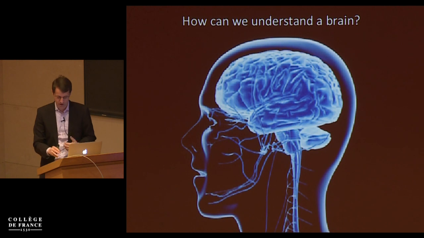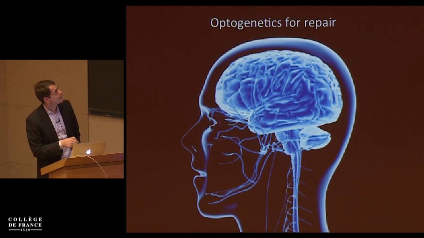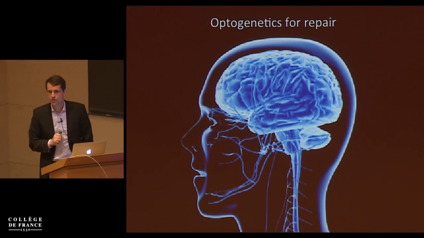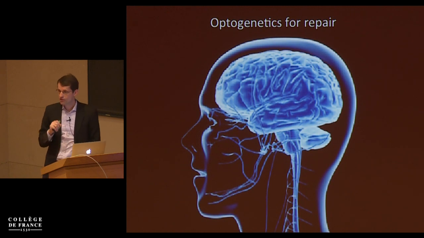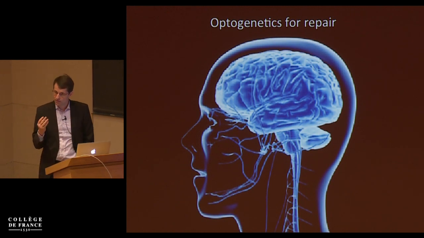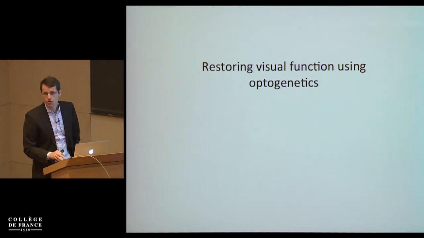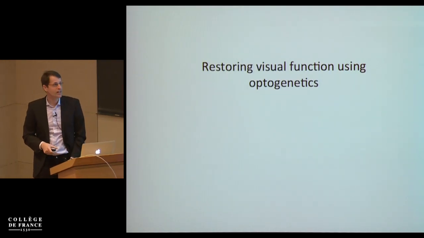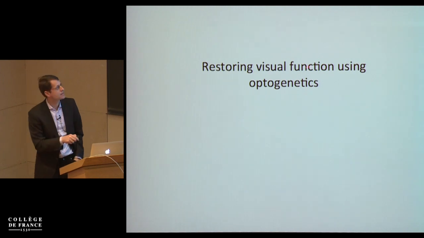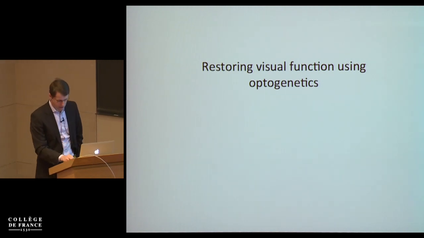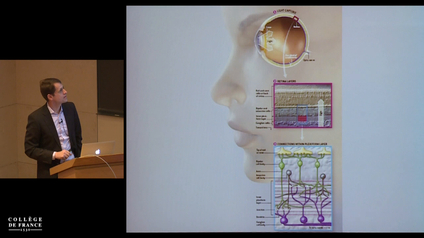So it's a very natural concept for optogenetics, for repair, and this is what we are working on in collaboration with the Vision Institute, my lab, and several other labs. So I'd like to now concentrate on turning from basic science into translational science.